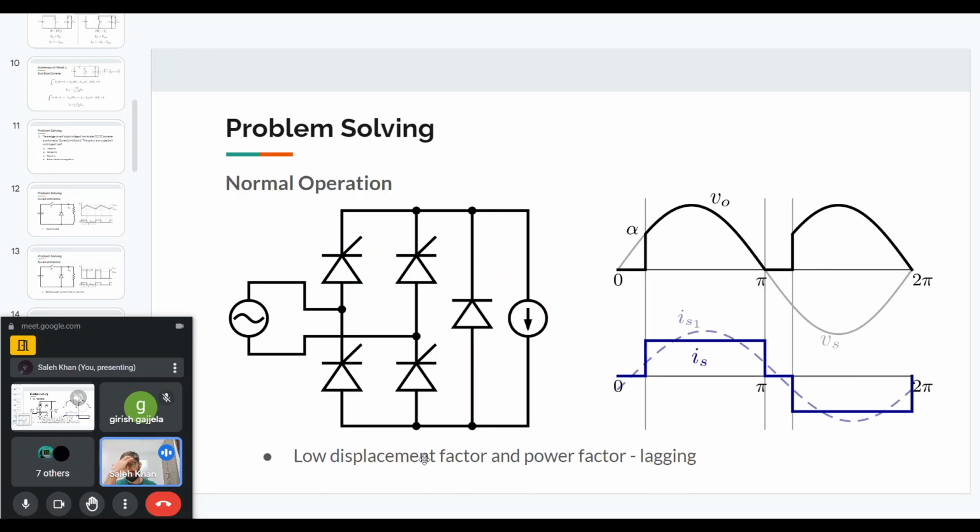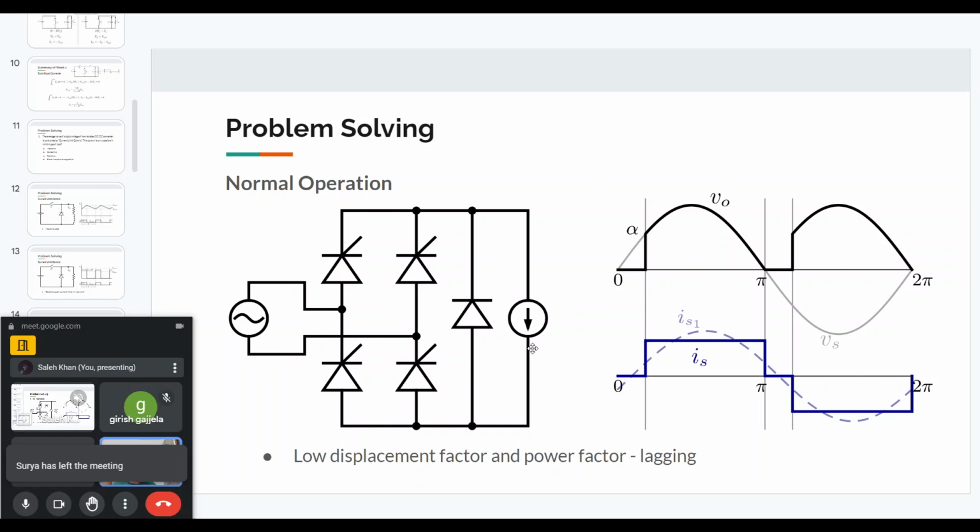Let me consider the case of a single phase fully controlled converter with a freewheeling diode. And let us consider a load which takes a constant current, a highly inductive load.